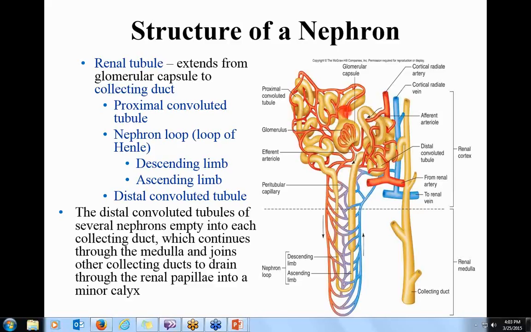The rest is the renal tubule that contains the proximal convoluted tubule, proximal being near the glomerulus, the nephron loop, and you have a descending and ascending, the distal convoluted tubule, and this will go into collecting ducts, and these collecting ducts will lead through the calyces into the renal pelvis, and of course from the renal pelvis out the ureters.